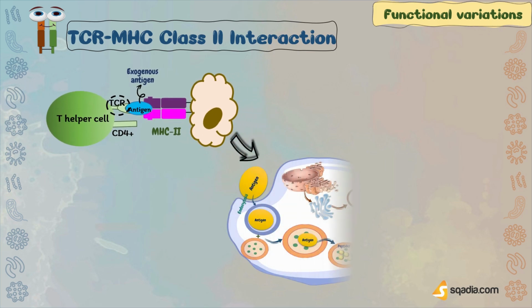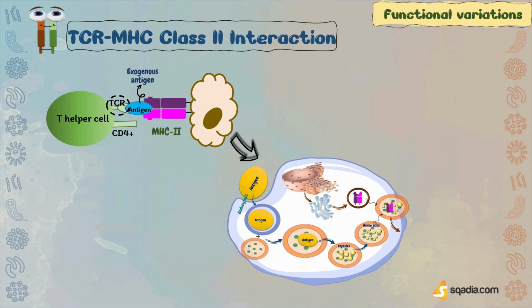They are processed until peptides of a particular size are formed. These peptides then bond with the binding site of MHC class II molecules within the APCs. And then this complex is anchored over the surface of antigen-presenting cells.